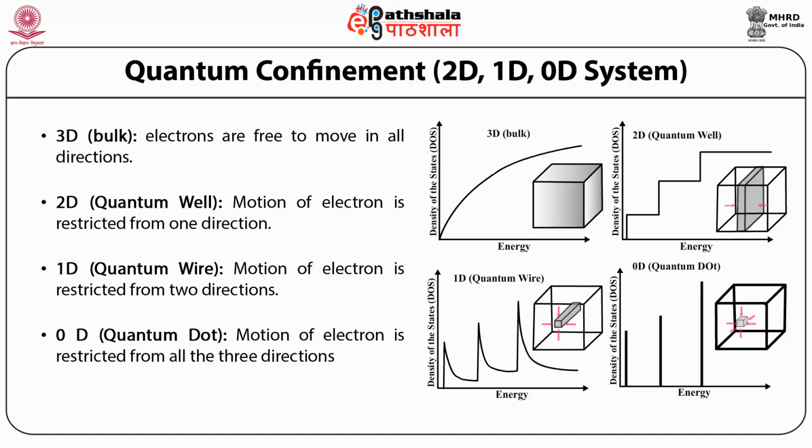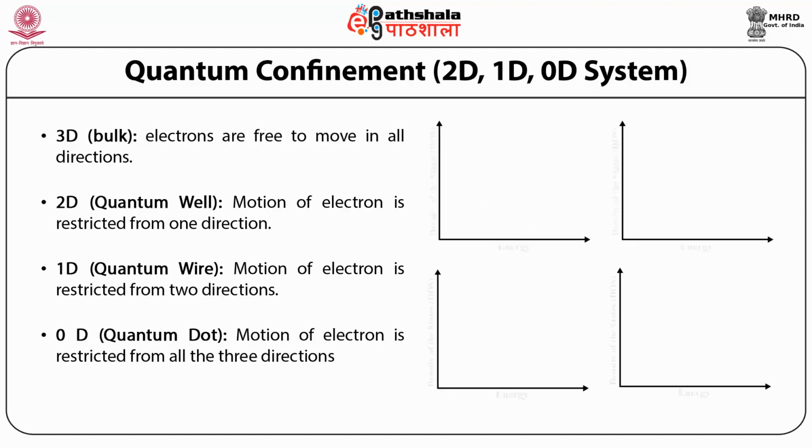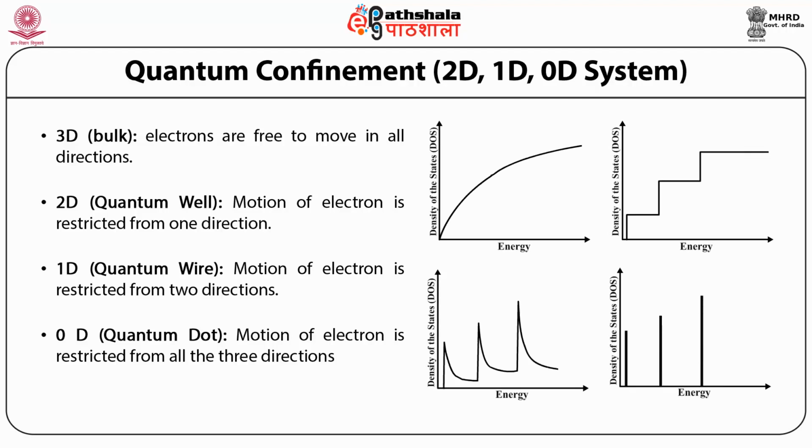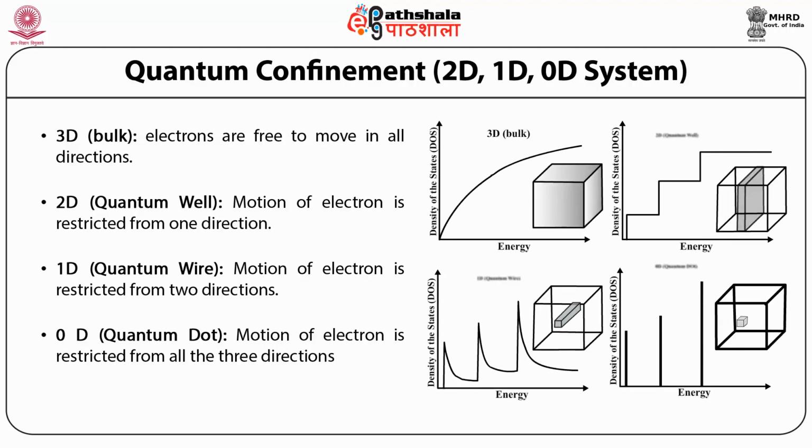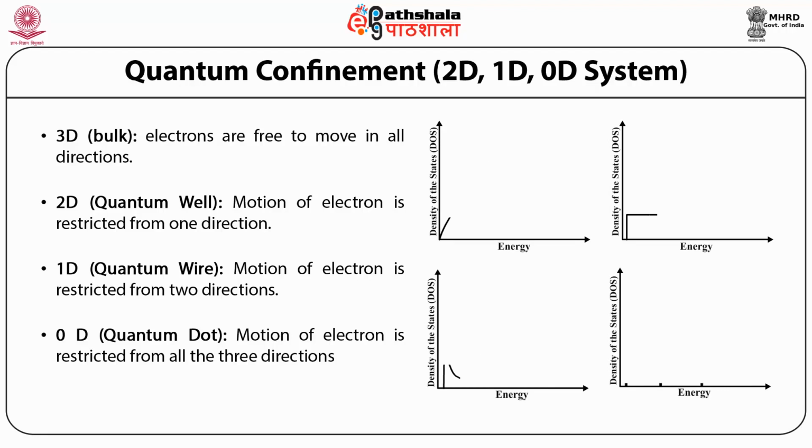And the density of states in this case looks like stairs, which is clearly shown in the figure. Several two-dimensional materials have been discovered, following the discovery of graphene, which I will discuss in detail in coming slides.